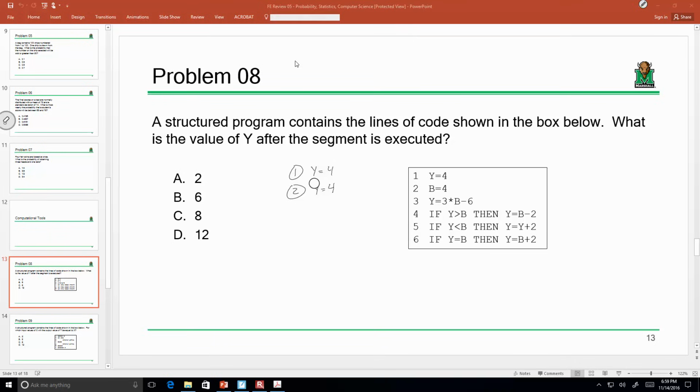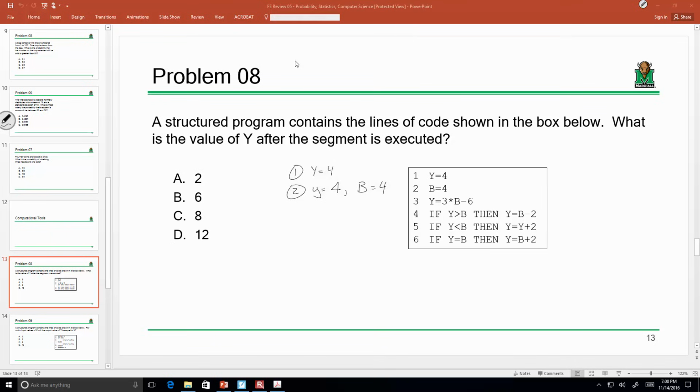Simple. Make sense? Actually, let me do this, if that's any better. That better? For y? 4. All right. Line 2 says that no change happens to y, but we now have a new variable b.